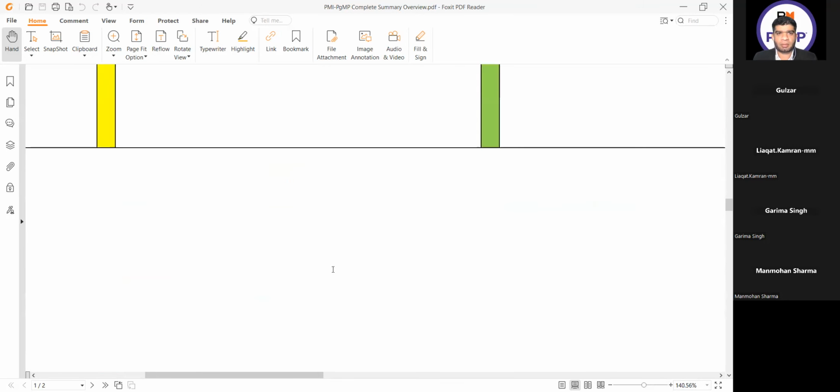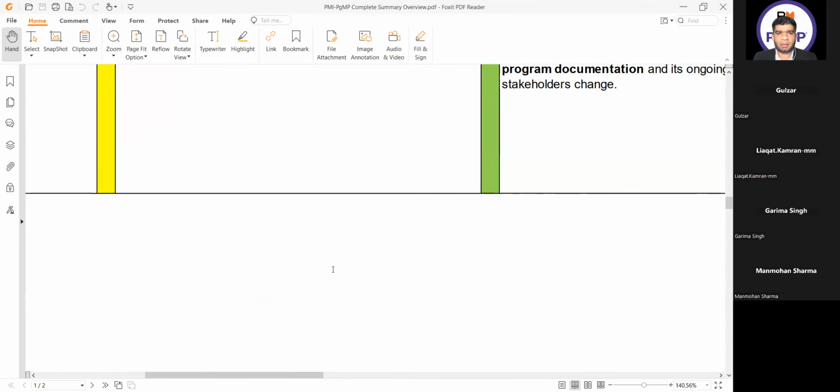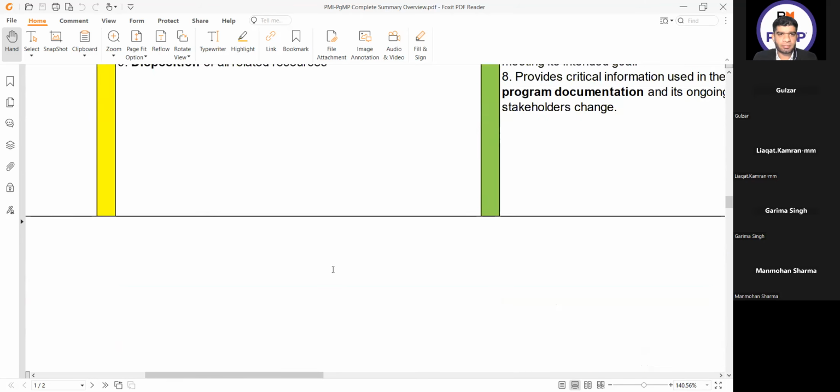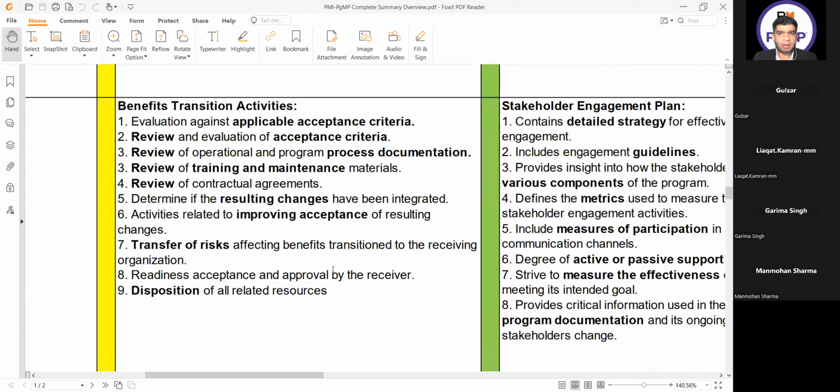Yes, I have one question in benefit transition, please. Here at number 8, readiness, acceptance, and approval by the receiver. Can you elaborate a bit? What do readiness and acceptance mean? We have to transition the benefits from the program to the organization.